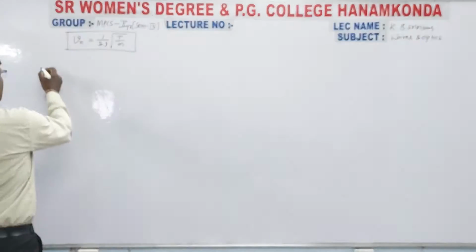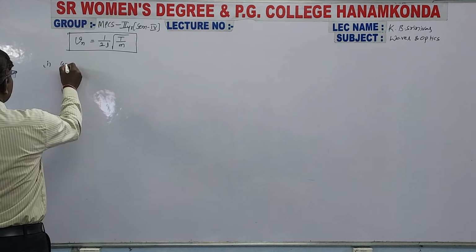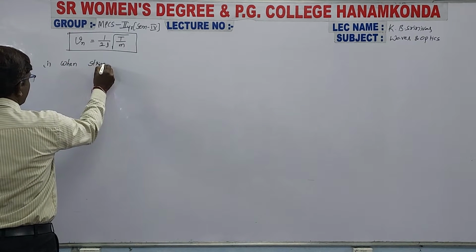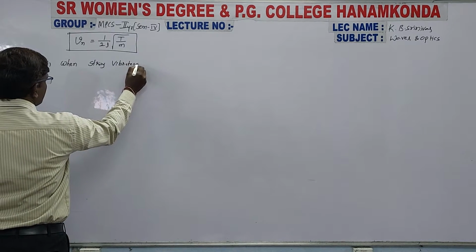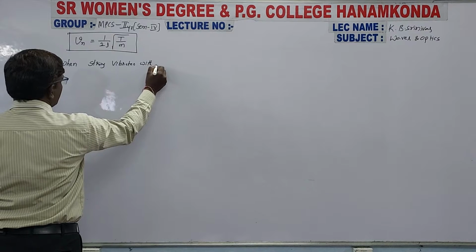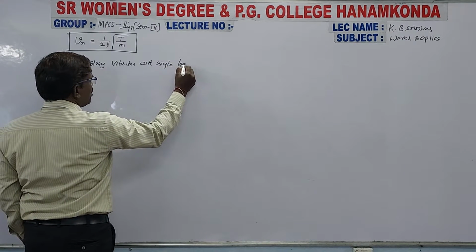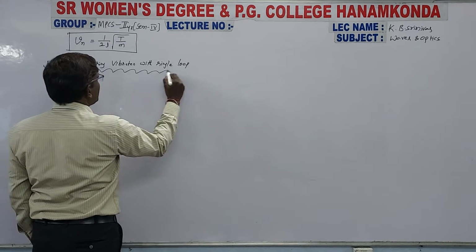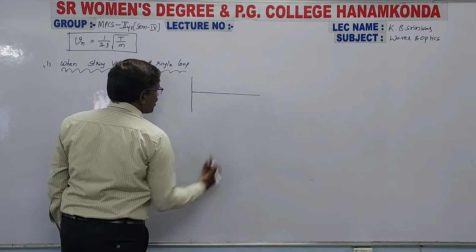When the given string vibrates with a single loop, single segment or loop, the diagram looks like this.